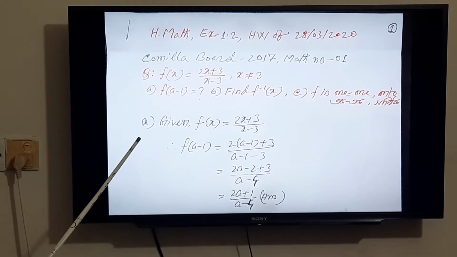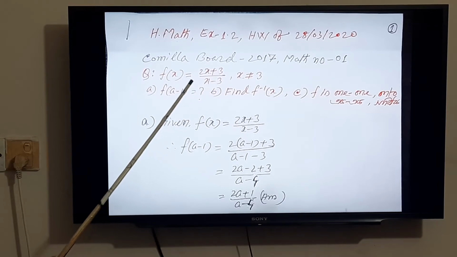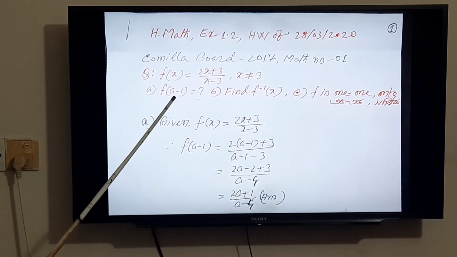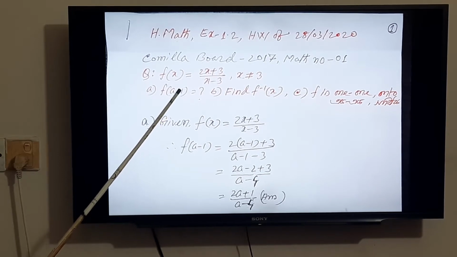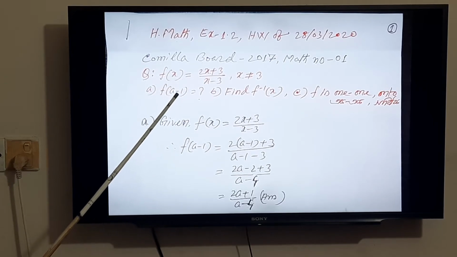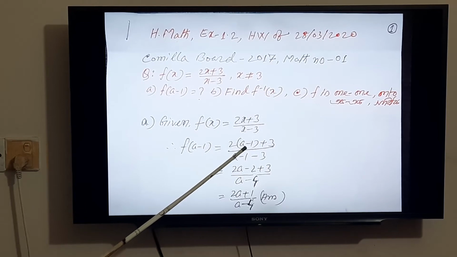First one is question number A, f of x is equal to 2x plus 3 divided by x minus 3. This is a function of f of x. We just need f of a minus 1. So it is clear for all, x is replaced by a minus 1.